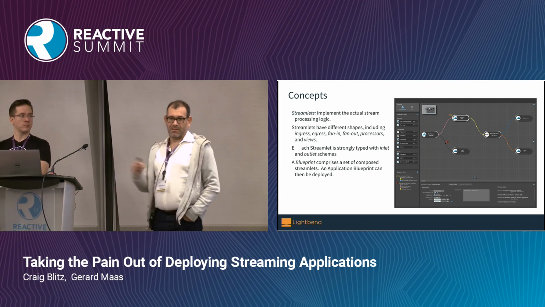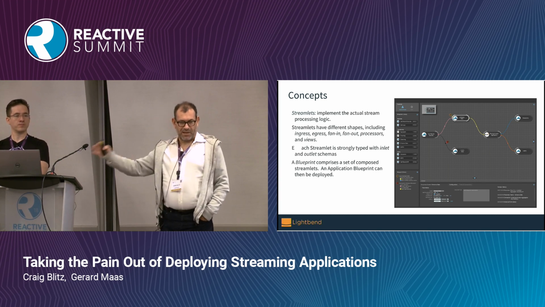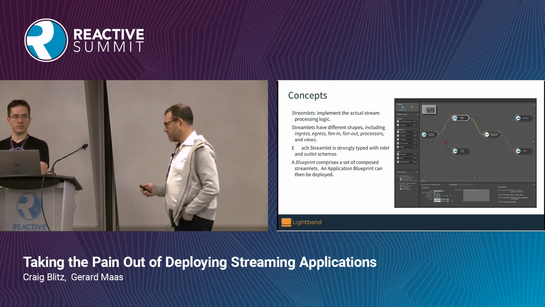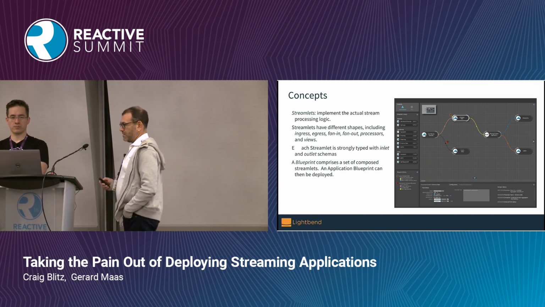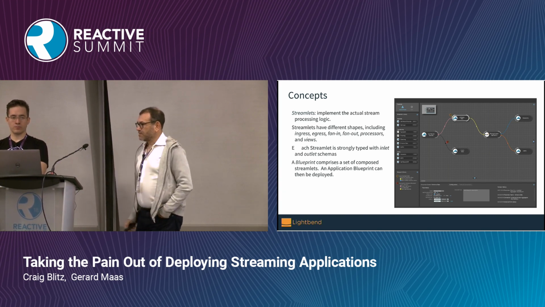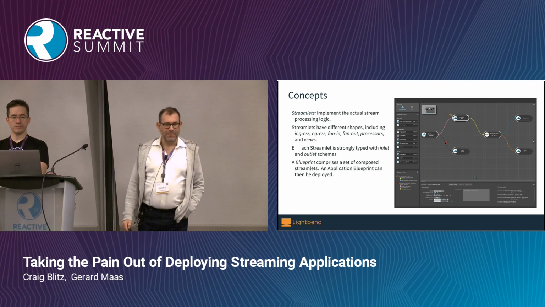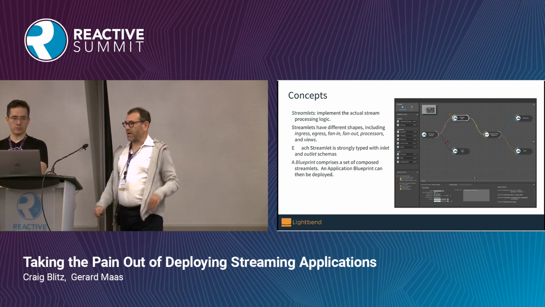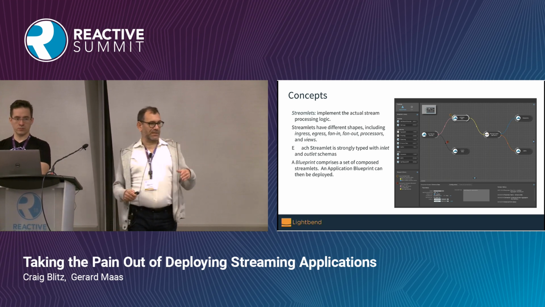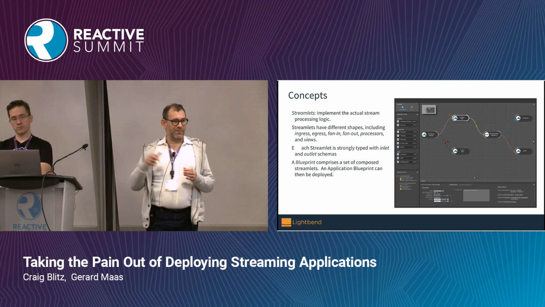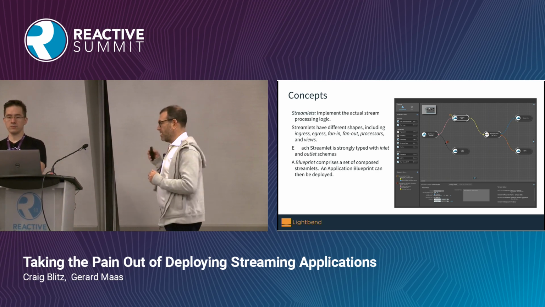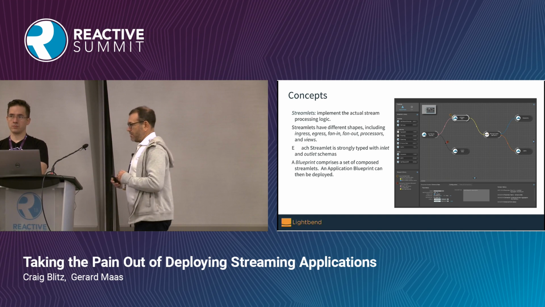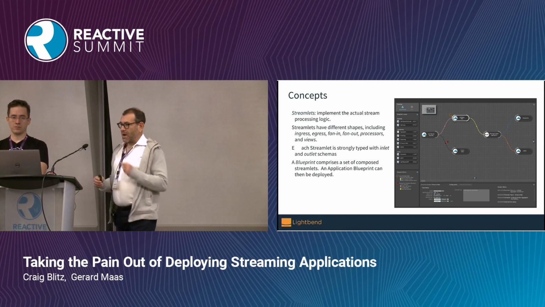There's no reason to not extend that to all the engines we support in fast data pipelines. Streamlets have different shapes, including ingresses, egresses, the ability to fan in, to fan out, to do joins, and apparently I have a typo there.